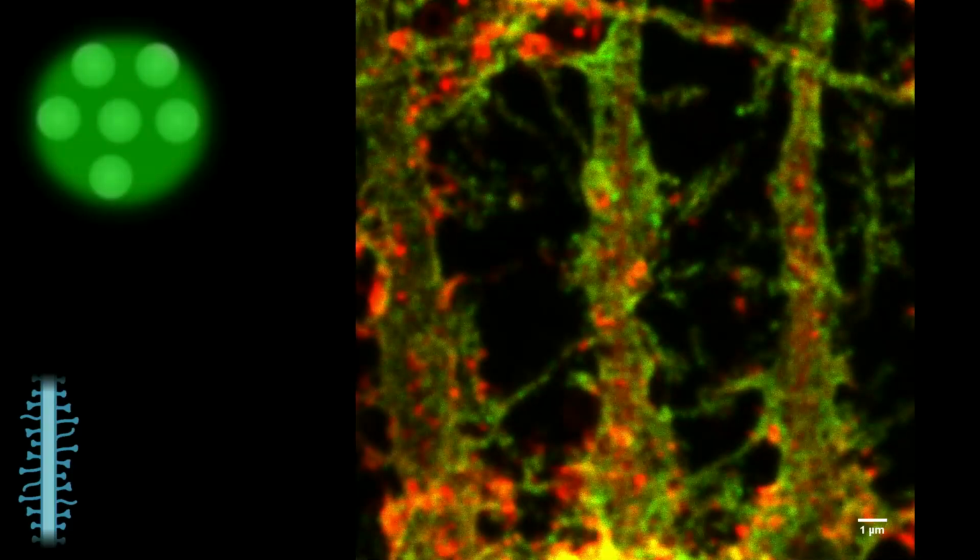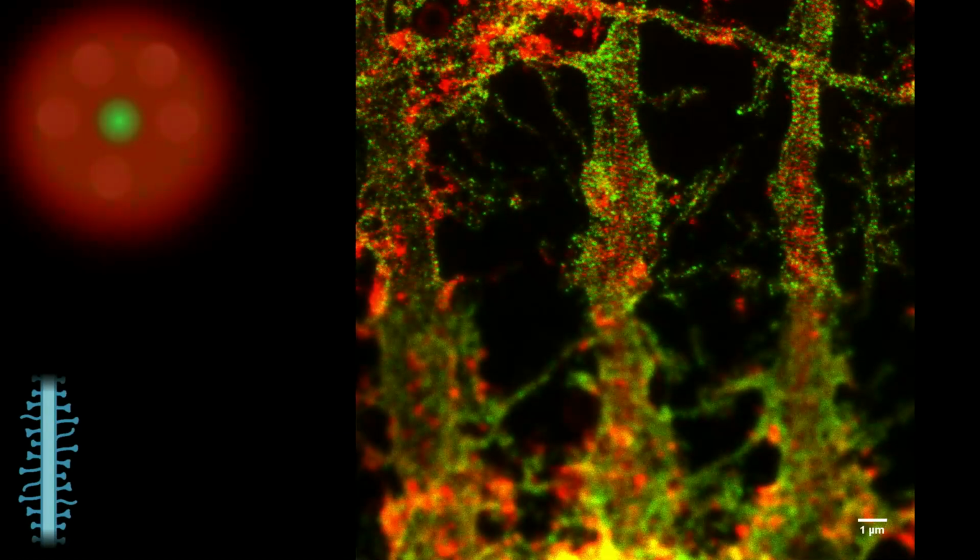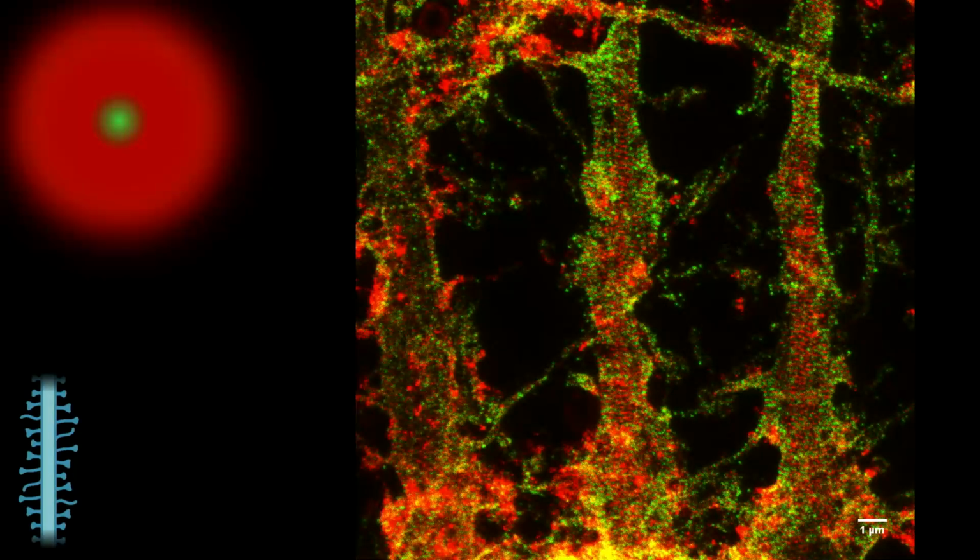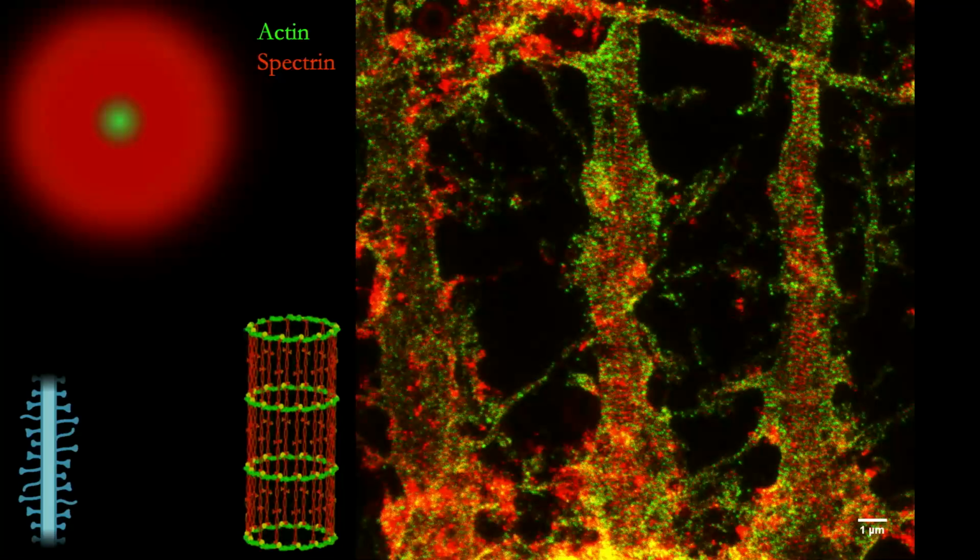So for the next few slides, we will talk about a structure called the F-actin and spectrin periodical lattice that we can see only using super resolution microscopy. And it's a lattice composed of F-actin rings and spectrin filaments. And the F-actin rings are spaced by about 180 nanometers.